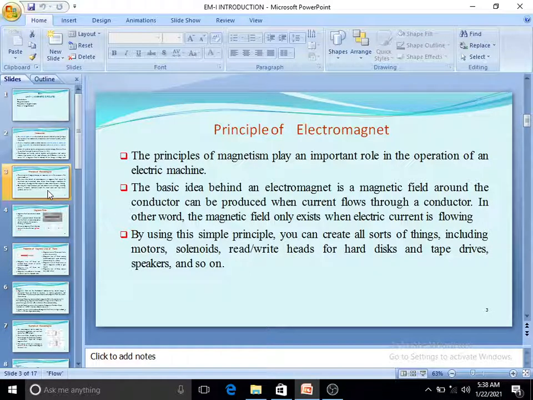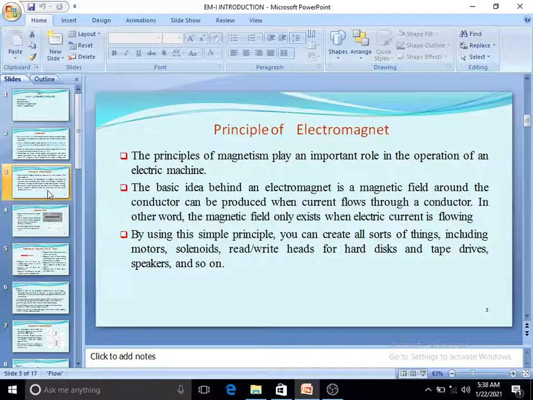What is an electromagnet? Suppose you want to create electromagnetism, what do you need to do? You should consider a conductor or winding. Any conductor, maybe copper, aluminum or silver, these are the best conductors. Just consider a conductor and supply current through that coil or conductor.